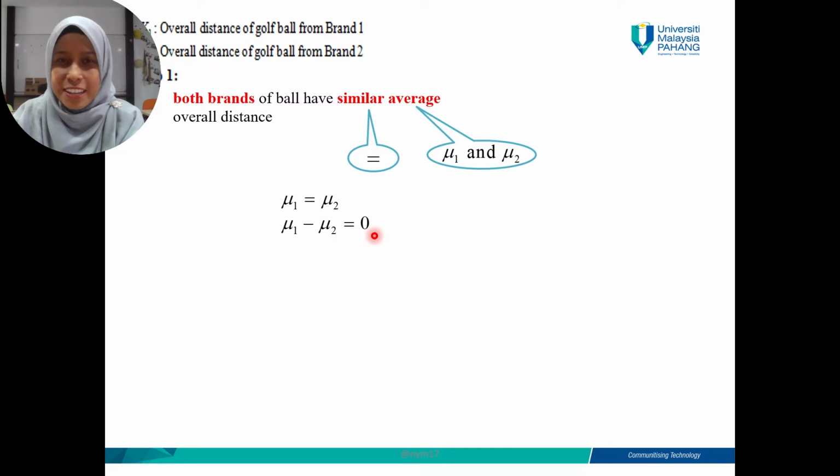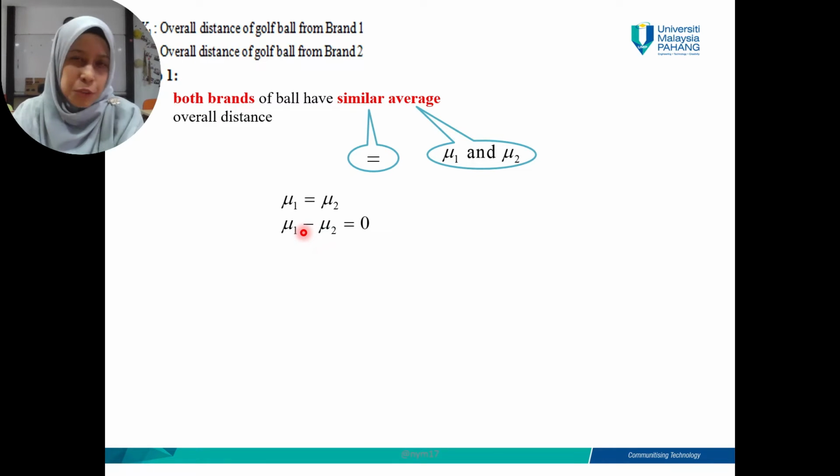Next, we need to determine whether this claim is the null hypothesis or the alternative hypothesis. You need to refer to the slide note table, page 7. Based on that page, you will determine whether this is H null or H1.